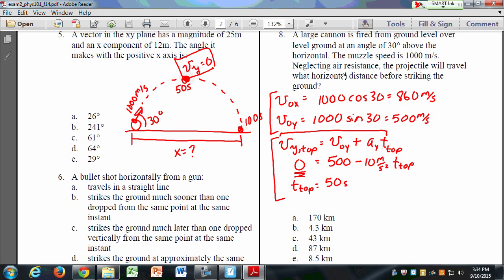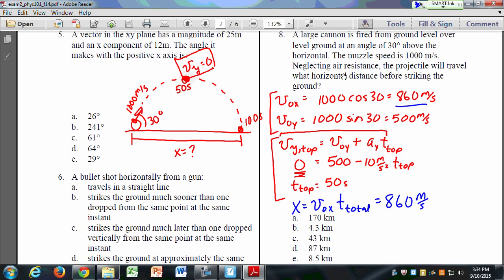So now you were about to say the final step is what? Right, T total, I'll call it now. All right, so that's V naught x, we found it up here, 860.